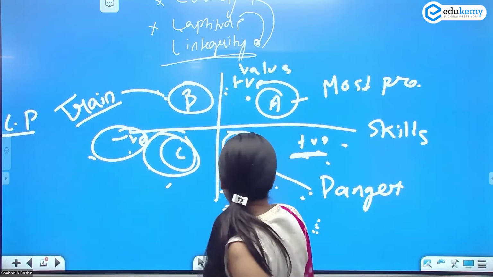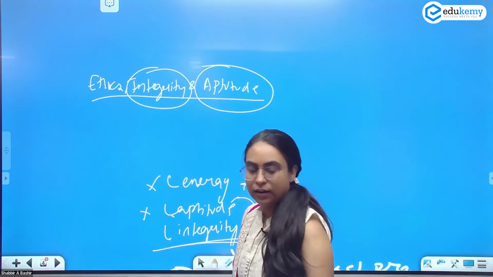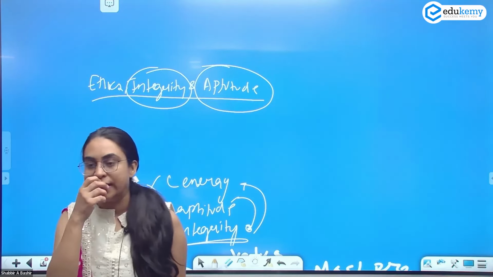So I wanted to actually clarify a few words. So aptitude बता दिया, लिखे integrity, और पहले लिखे ethics.